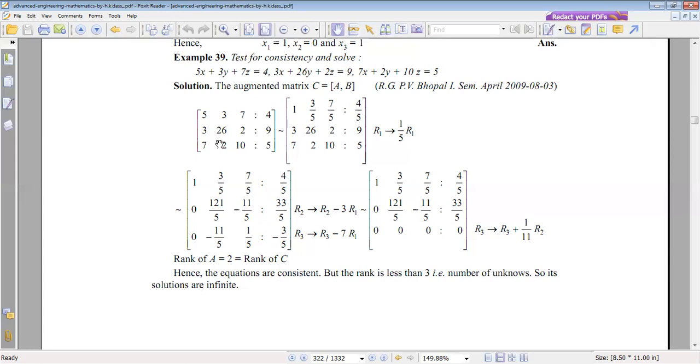So this is the matrix [A|B]. Now we have to check whether this system of equations is consistent or not.